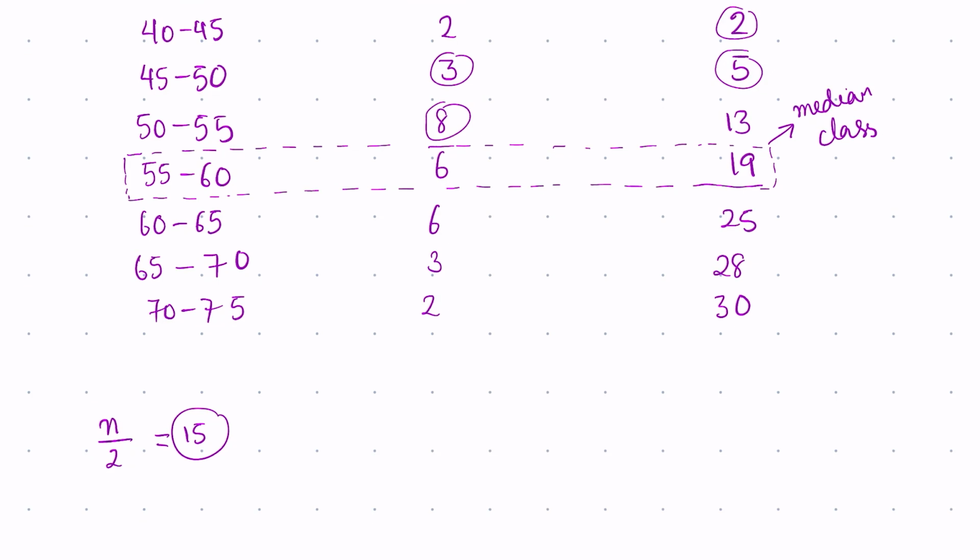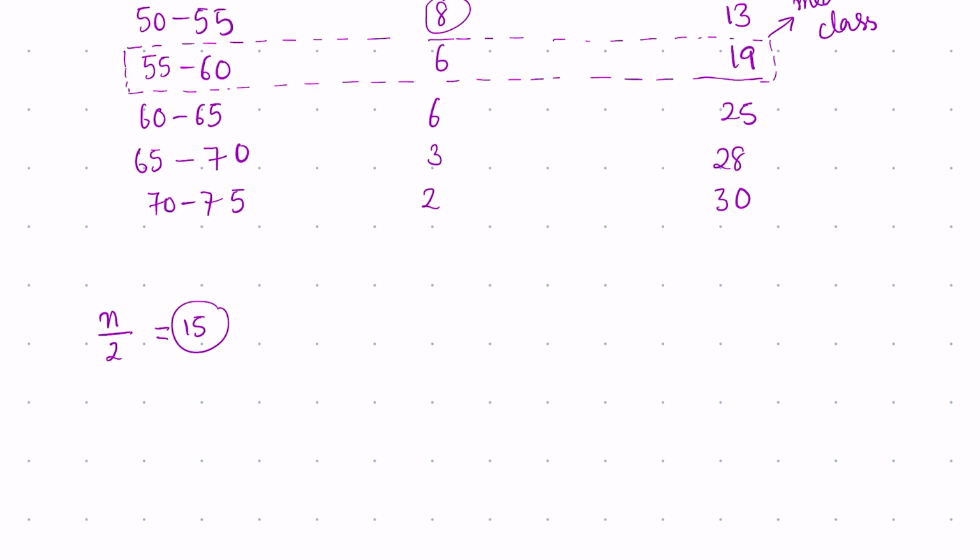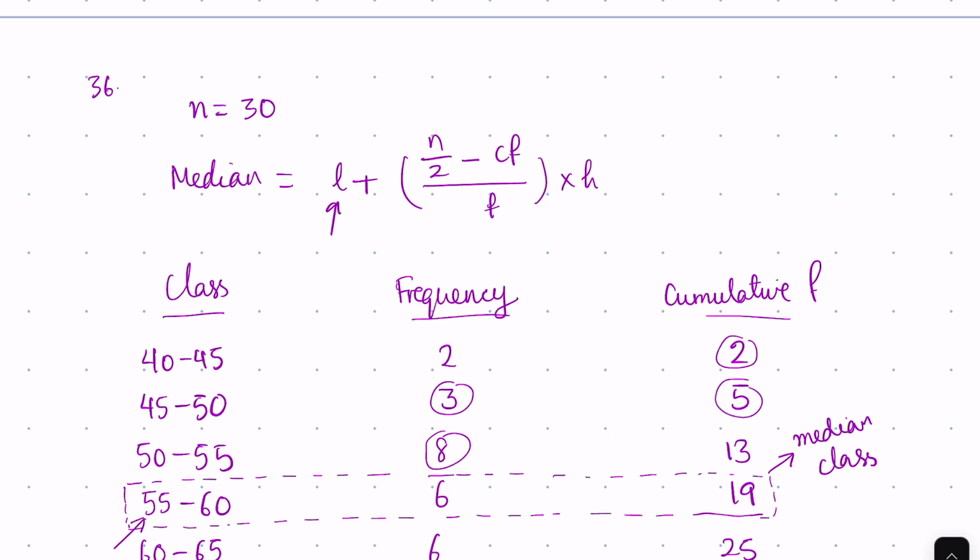So what is L? L stands for the lower limit of the median class. Looking at the table, what's the lower limit of the median class? It's 55. So we got this variable.